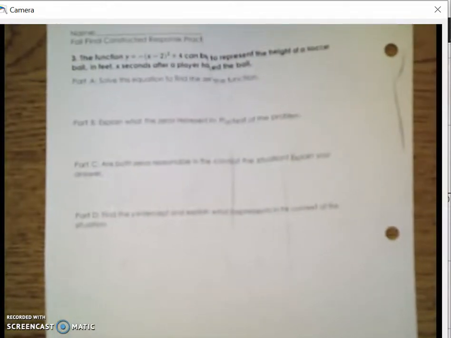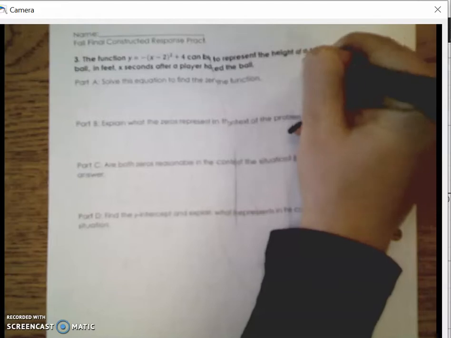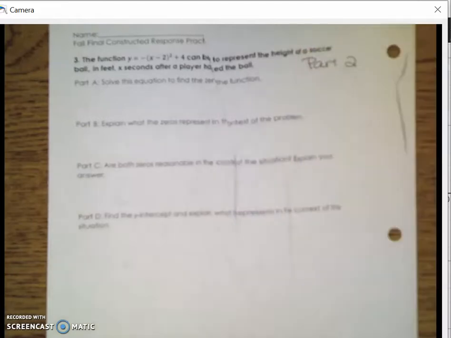All right, the last question we need to look at is on the back. And this one has 4 parts, and this question will be on part 2. Again, my copier did not like me when I was copying this. So it looks a little crinkly, but we'll get through it.